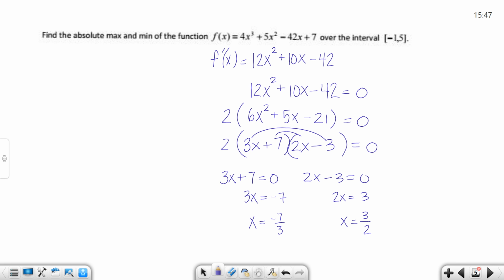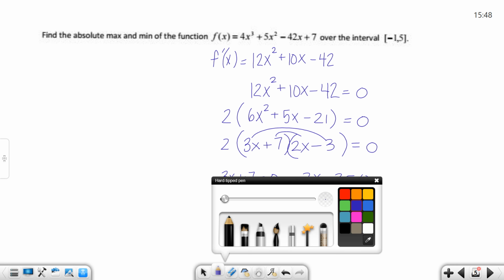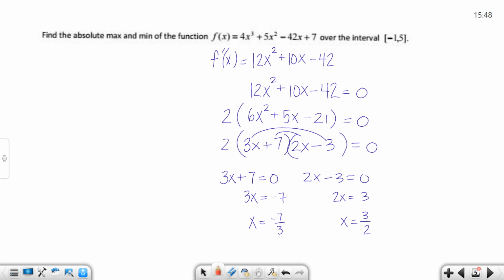So reading through the steps again, the first thing that we needed to do was find the domain, and the domain of this particular function was all real numbers. So our second step was to calculate the critical numbers. These blue numbers are our critical numbers. The third step is to actually find the function value. Now my interval is -1 to 5.